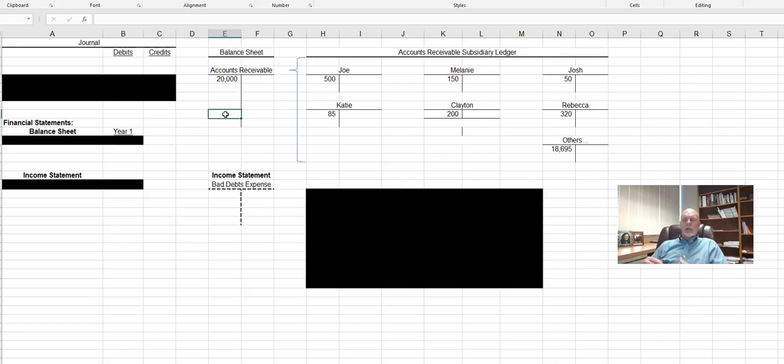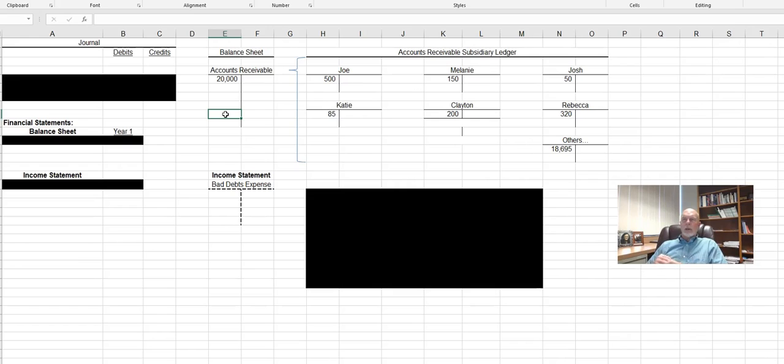Inventory: somewhere we need to keep up with all of the different items of inventory that we have, how many and what they cost us. So we're going to have an inventory subledger, and if you added up everything in the inventory subledger, that would equal the total for the inventory account.